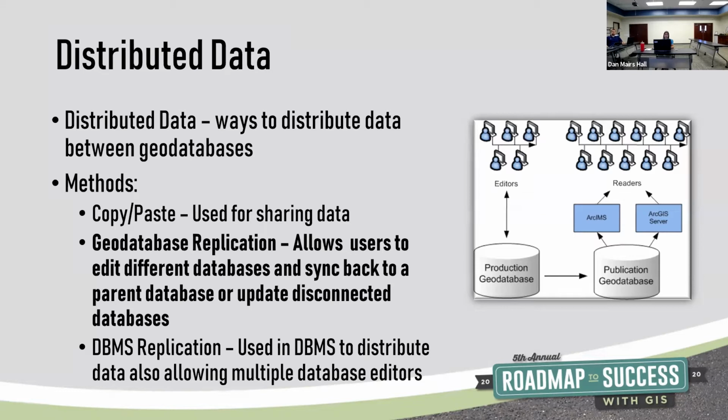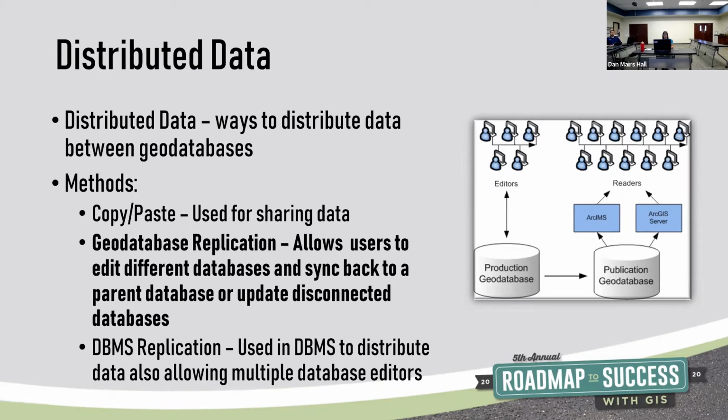So one of the things you can do if you have an enterprise database is create geodatabase replication. Okay, and you have to have an enterprise database for this to work, and this is going to allow users to either edit the database all at the same time, or they can create databases that they can edit locally and post those changes to the server that decides how they all get married up.